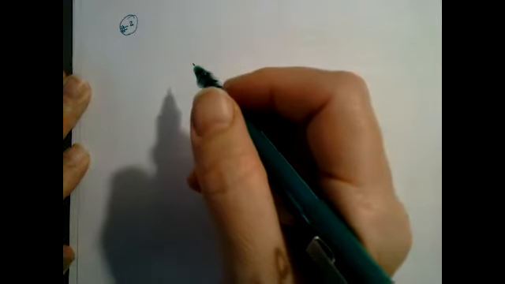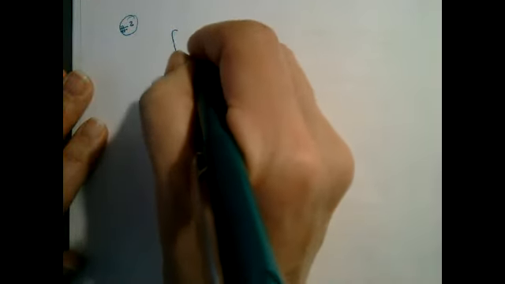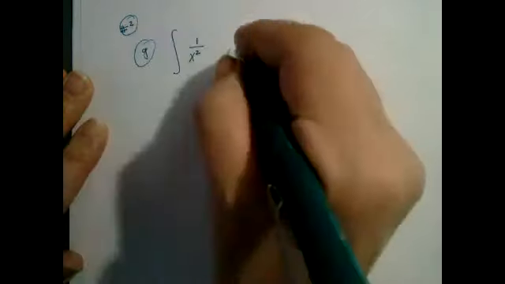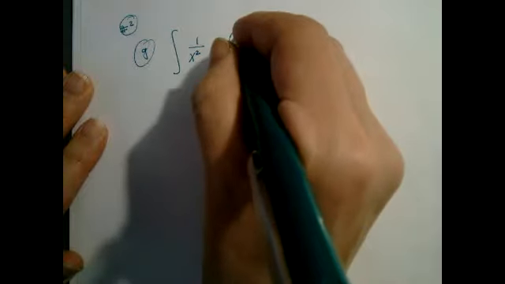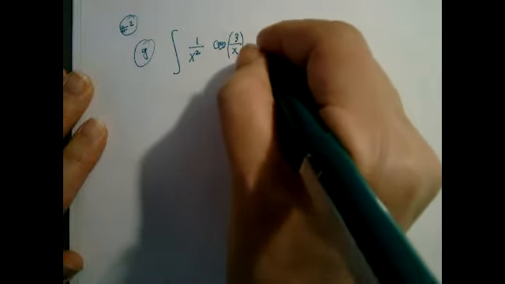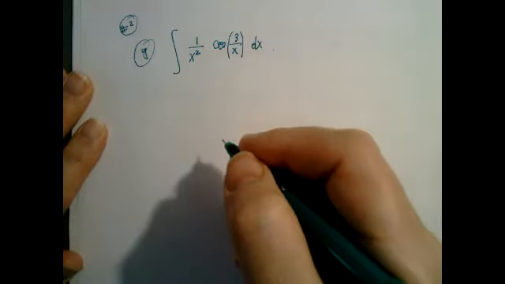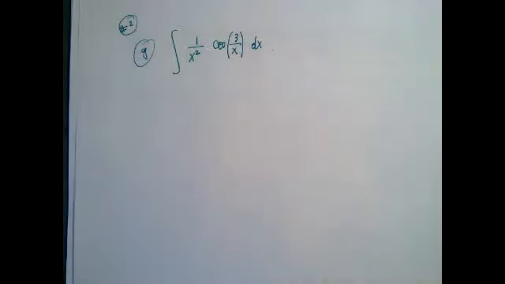There is nothing really deep about them. Let us say I have the integral, doesn't mean I'm going to give them tomorrow, 1 over x squared, cosine 3 over x dx. Okay, evaluate quickly. How would you do that?